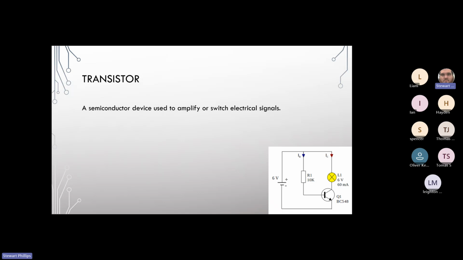Where have you heard about transistors? What's the oldest reference you've heard about transistors, or where have you come across them before? Yep, good old transistor radios.